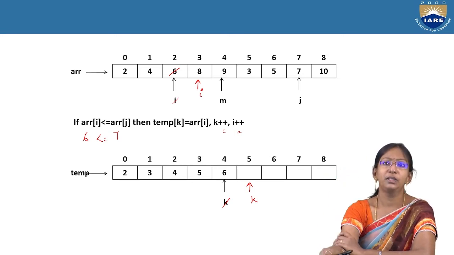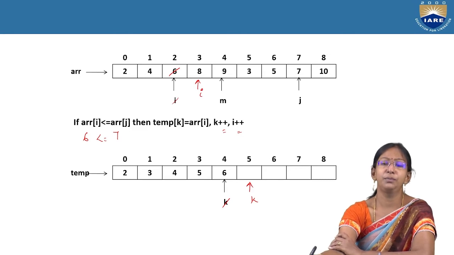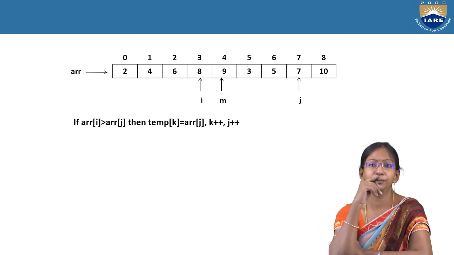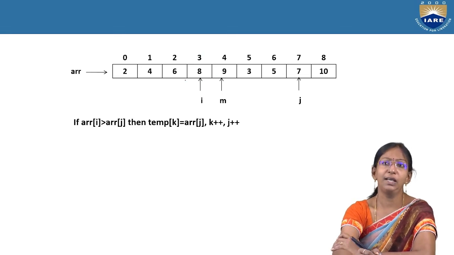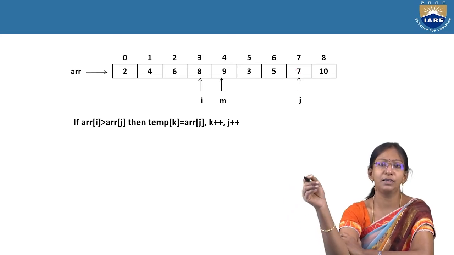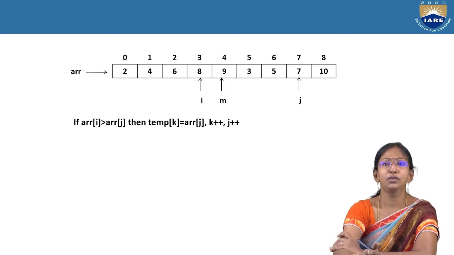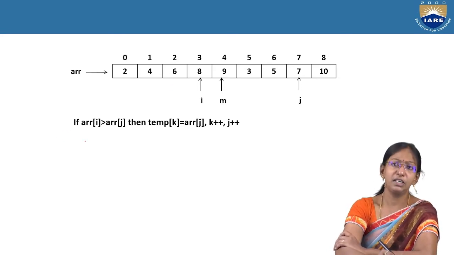Right? So the resultant list will look like this. So i is pointing to 8 and j is pointing to 7. Both are reaching the end of the list, my dears. Okay. So what is the relation between them? 8, 7.